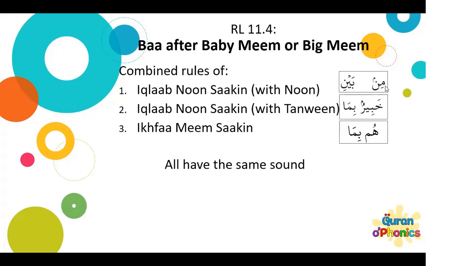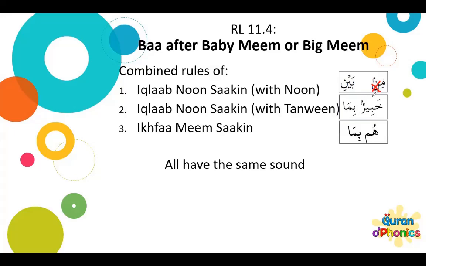That ba, the alphabet ba, comes after big meem or baby meem. Then this is how you pronounce it. Min baini, hum bima. And again, we have already taught them that carrying letters are silent. They did it already with the baby Hamza. They did it with the carrying baby Alif, for example, Ala.